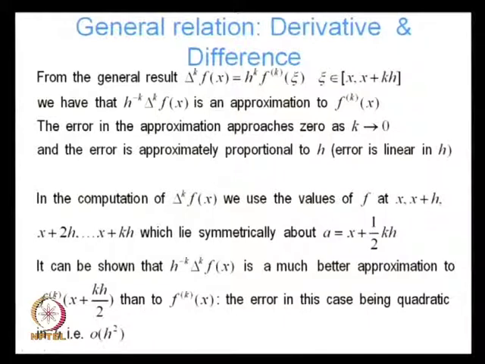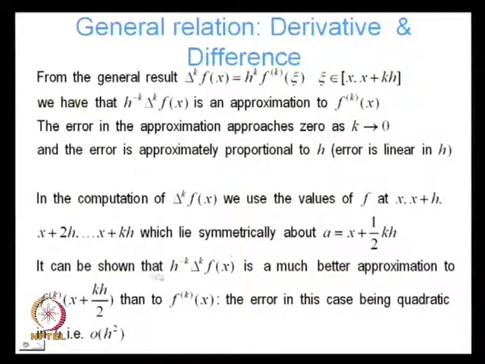Now, it can be shown that h^(-k) times delta^k f(x) is actually a much better approximation to the kth derivative evaluated at x plus kh by 2, that is, at the midpoint of my interval, rather than at one end of the interval, at x.